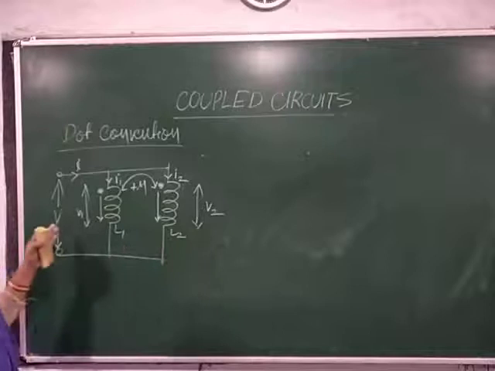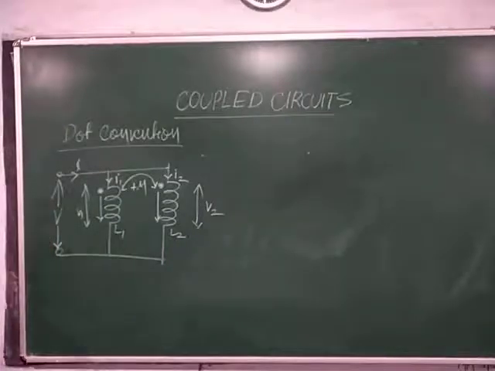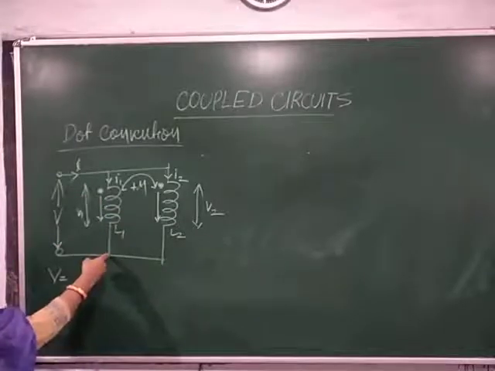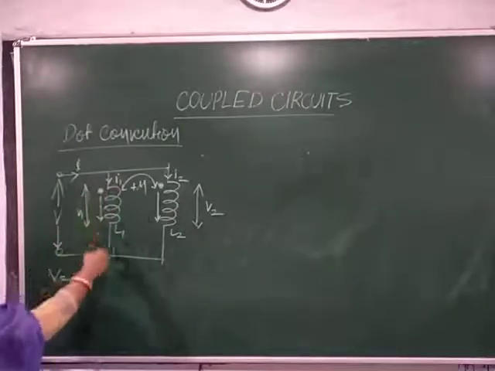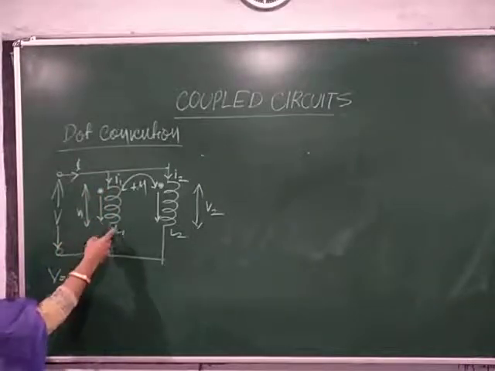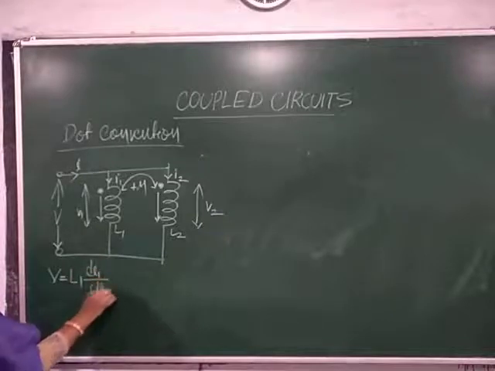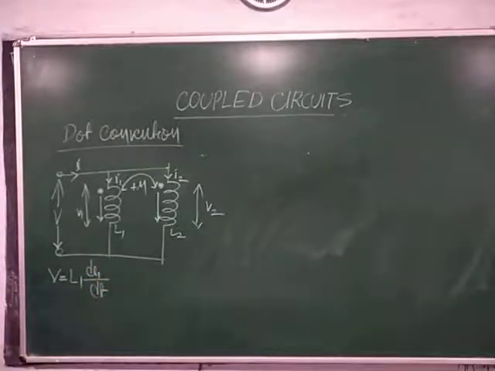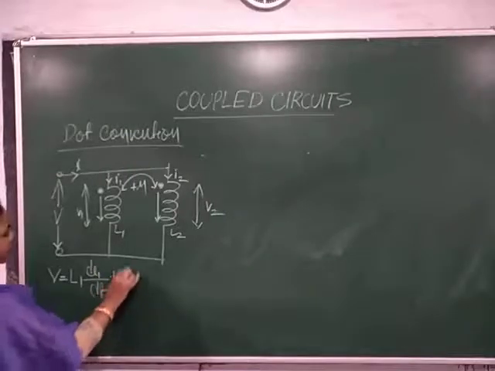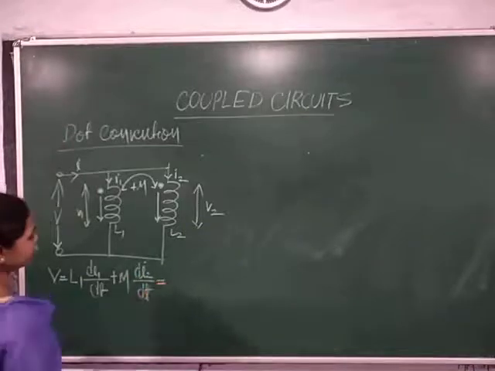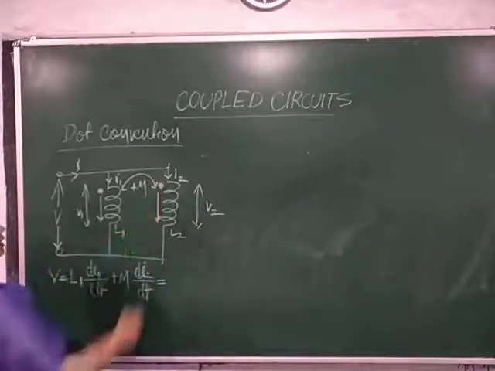You only calculate the voltage V. Suppose I find the voltage V1, which is equal to V. The voltage is the voltage due to self-inductance L1 dI1 by dt and the voltage due to mutual inductance, that is M dI2 by dt, which is similar to the V2 voltage.